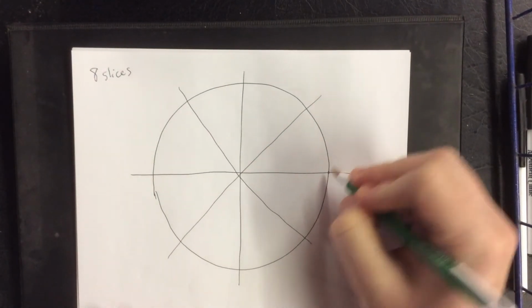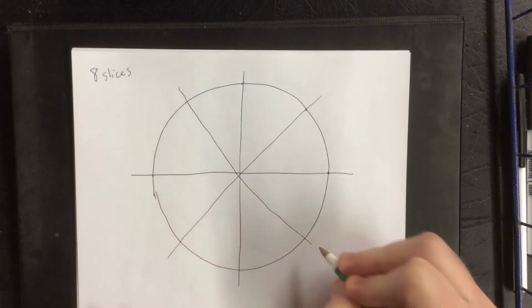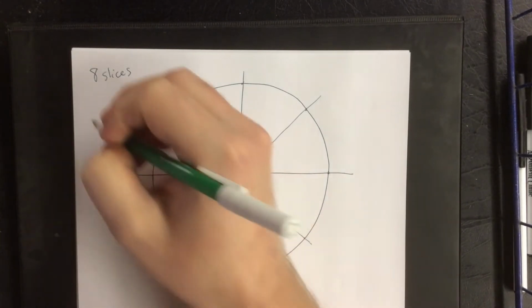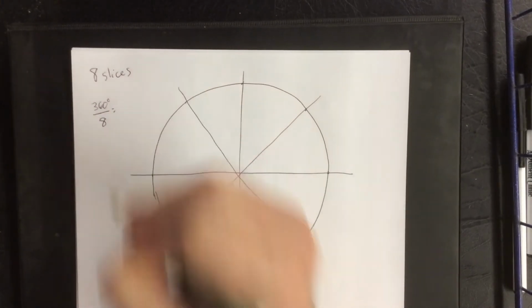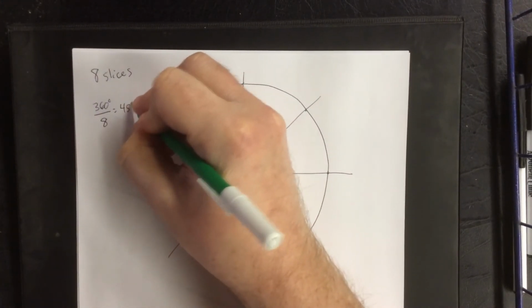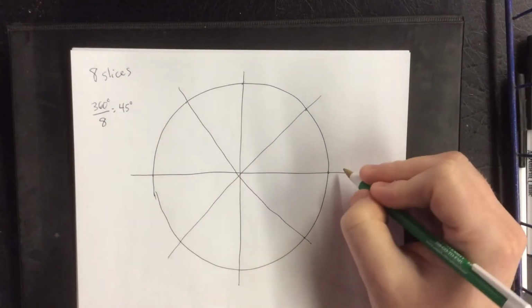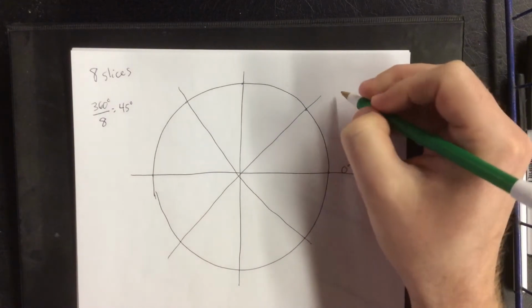This is going to give us a total of 8 angles and 8 ordered pairs associated with those. Now we just took 360 degrees and we sliced it up into 8 equal parts, which means that each of these angles that we created is 45 degrees. So starting at the positive x-axis of 0 degrees, we're going to count up by 45 degrees at a time.